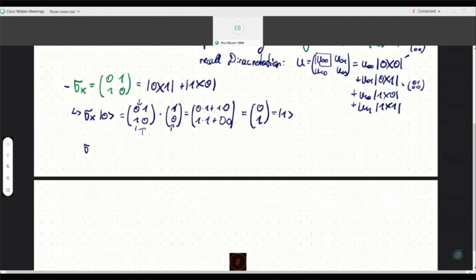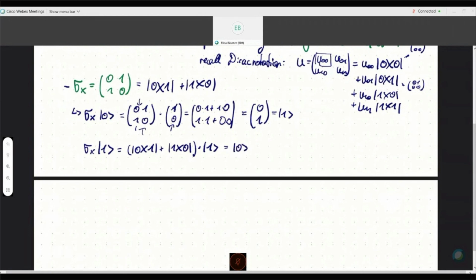Now let's check what happens if we apply the sigma x gate to our state 1. And now this time, let's do it with the direct notation. So we have our matrix, which we now write with kets and bras, times the state 1. Now we can just write it as 2 different terms.